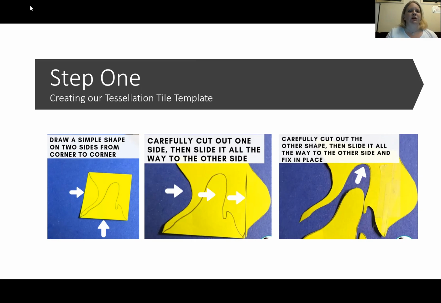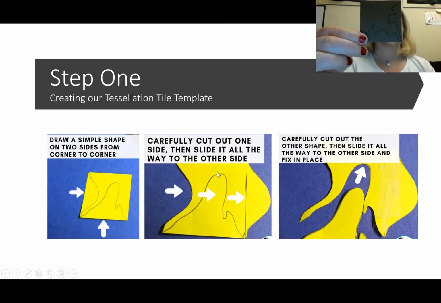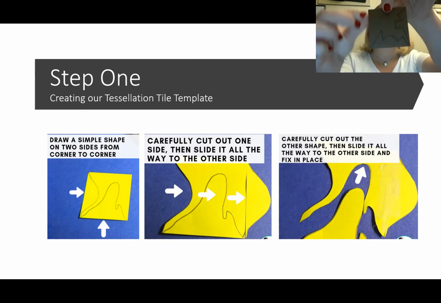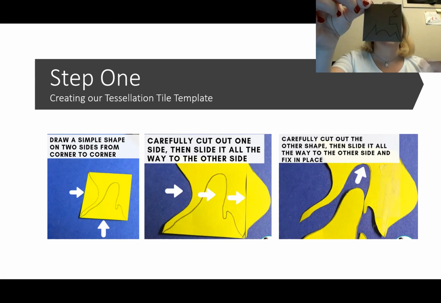So I'm going to show you what I drew. Here's my design. You're going to notice that I drew from corner to corner, and I just drew a design. And then I drew another design on the adjacent side, not across, right next to it. And again, it goes from corner to corner.